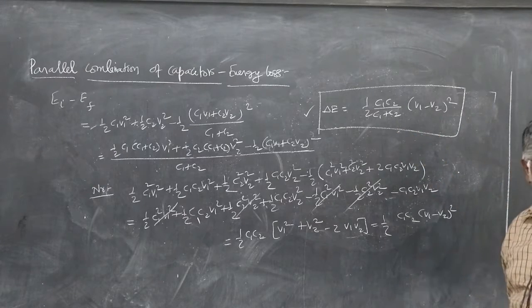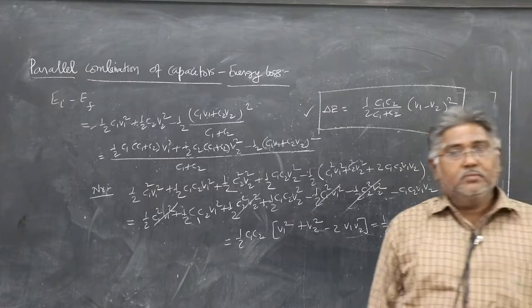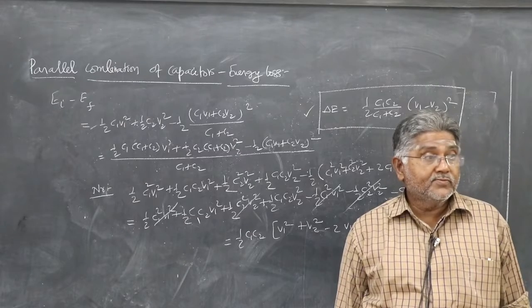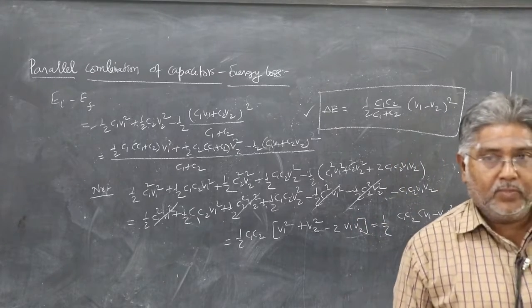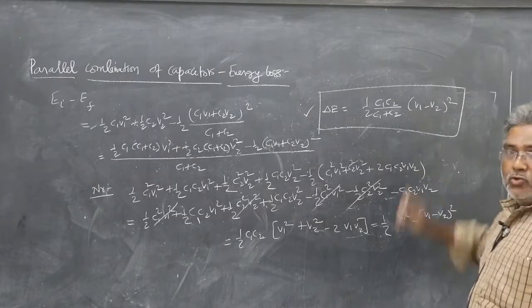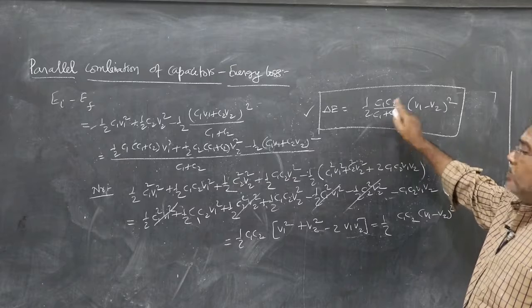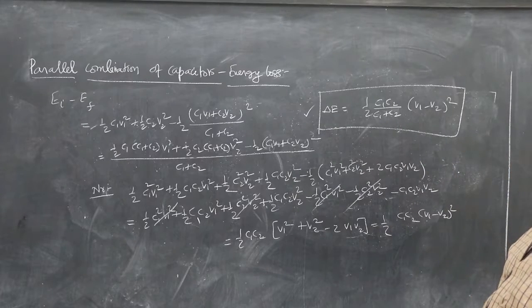Right side is a positive quantity or a negative quantity? Positive quantity. Why? Because capacitances are not negative.